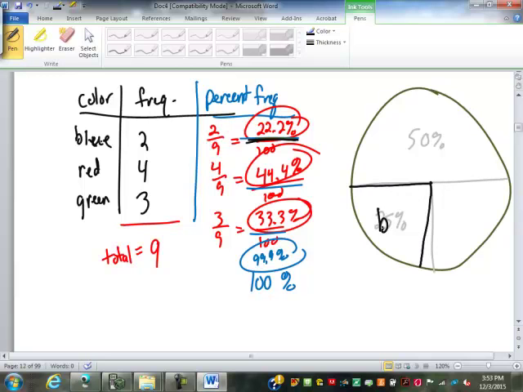That is blue. 44.4 is a little bit less than 50. This was only about 3 less, this is about 6 less, a little bit further off than that. That's going to be my red. What's left here, of course, has to be green. 33% is about a third of a circle. That looks about right. Does that make sense? That is good enough for what we do.